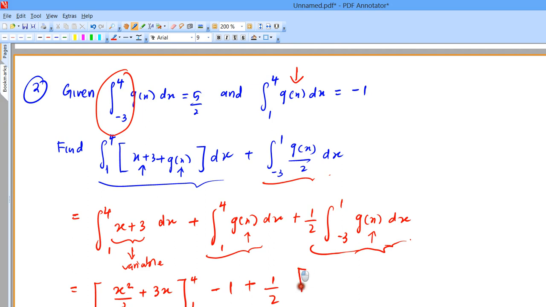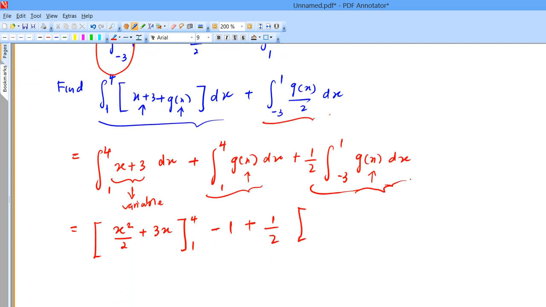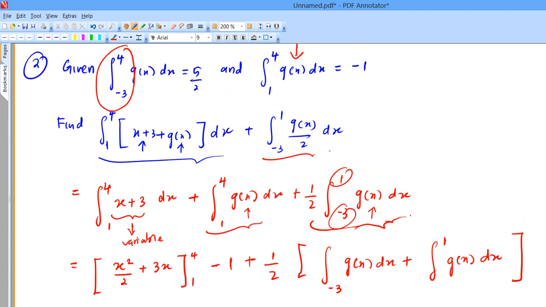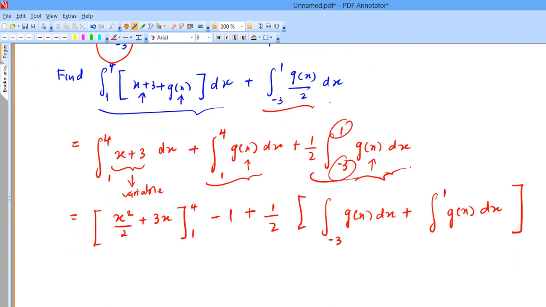So it becomes the integral of g(x) dx plus the integral of g(x) dx, with lower limit -3 and upper limit 1 for the first. If we check the given information, we have the value for 4, so just put 4.